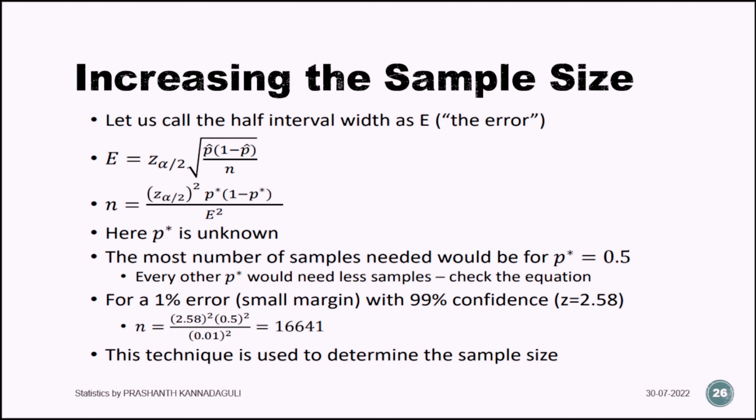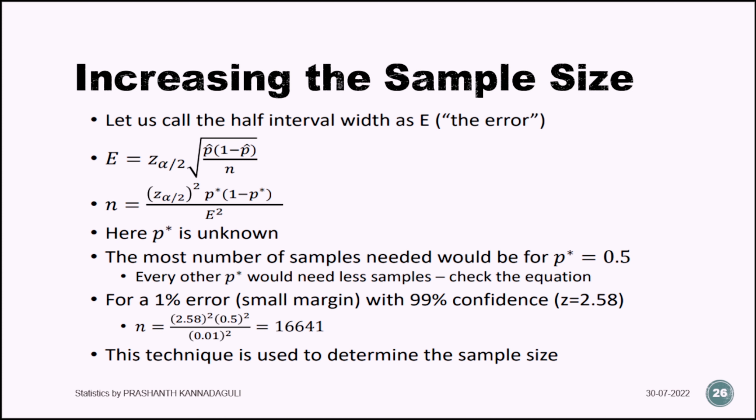What if the n which I'm going to put here will not give me this error which I said? I said I want 1%. But if you ask 1000 people, it is going to give you 3%, not 1%. Now the point is that you need to increase n in such a way that you get the expected error. That's the only solution, because Z alpha by 2 is fixed.